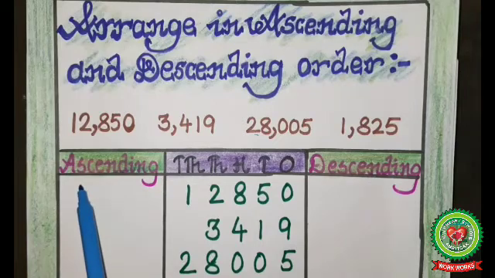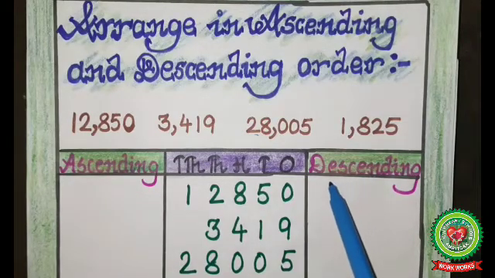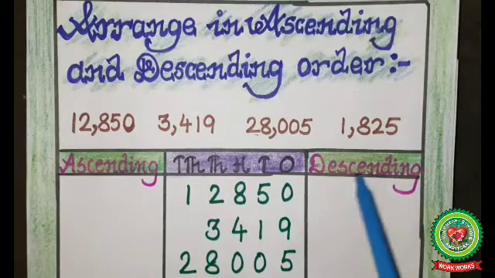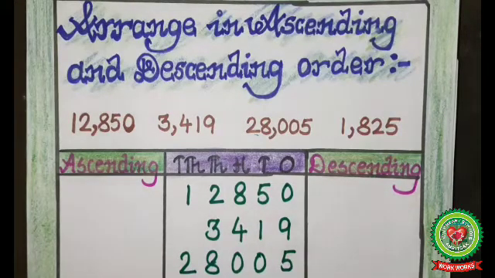In the first column, we will write down ascending. That means we will do the arrangement in ascending order. And on the right side or in the third column, we will write down descending. That means in this column, we will arrange the numbers in descending order.